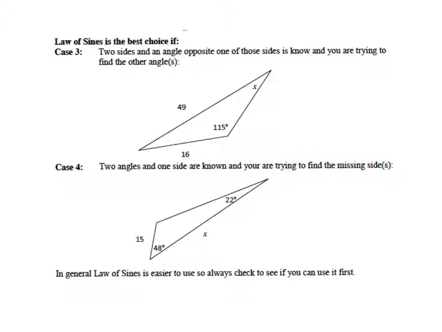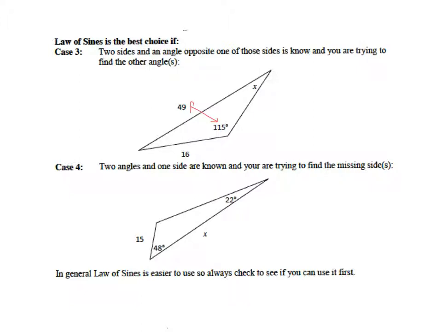And really, to use the sine law, what I'm looking for is this angle-side pair, where you have an angle and the side length across from it. If you have that pair, then you can use the sine law: a side length and its opposite angle. For cosine law, you're not going to have a side-angle pair opposite each other.